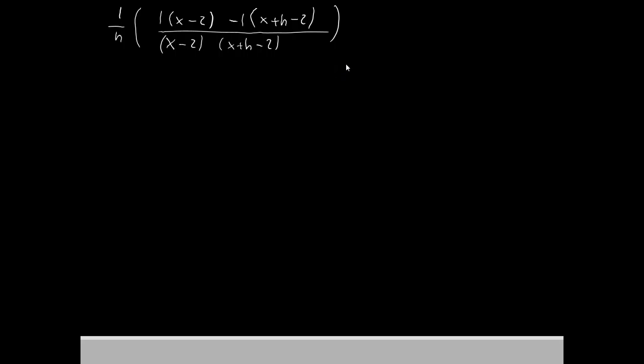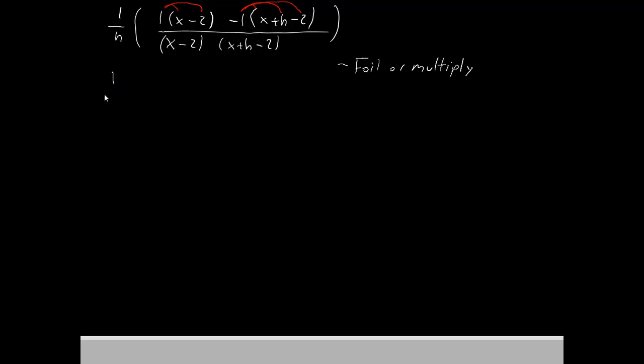As usual, the best way to simplify is to start by either foiling or multiplying to get rid of those parentheses. So what we're going to do first is multiply the 1 times the x and the 1 times the negative 2, and the negative 1 times the x, and the negative 1 times the h, and the negative 1 times the negative 2.